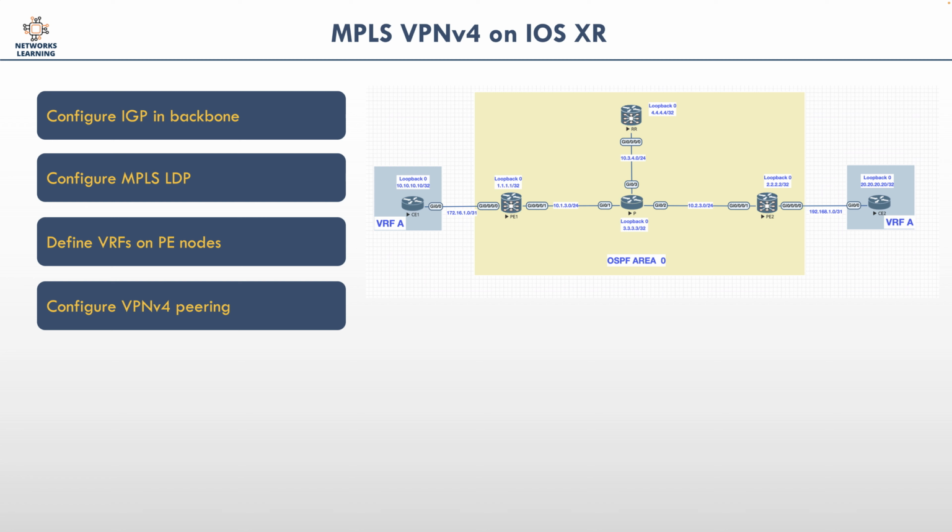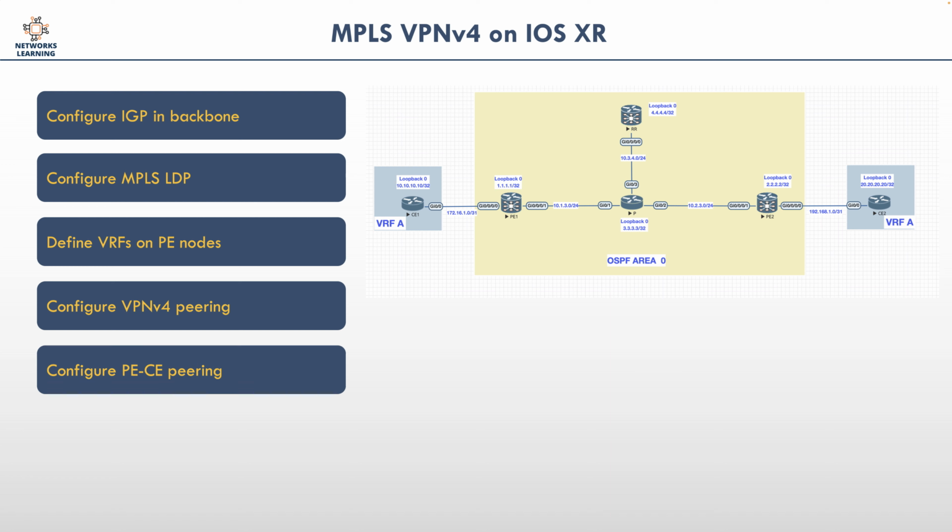Now this doesn't scale when you have more than 2 or 3 or 4 PEs. The best way to do it will be to configure this peering using a route reflector. And the final step will be to configure the routing between the PE and the CE nodes. So in this case, we're going to go for BGP between PE1 and CE1, PE2 and CE2.